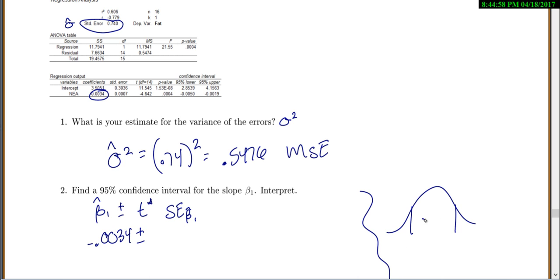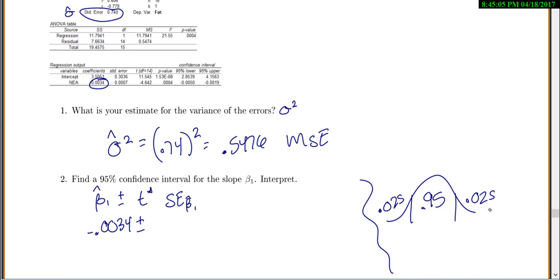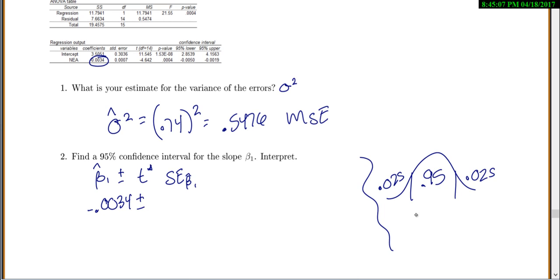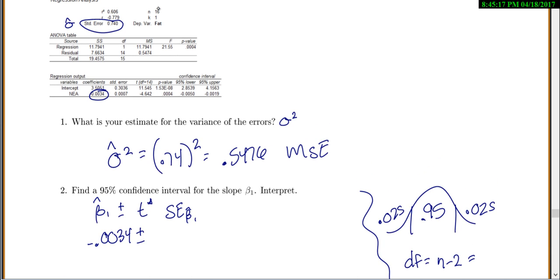Now let's find t star. We want a 95% confidence interval, which means we have 0.025 on either side. We know it needs to come from the t distribution because that's a t star. And remember, I told you the degrees of freedom is n minus 2. So come back up here till you find n. So here's n is 16. So 16 minus 2 equals 14.